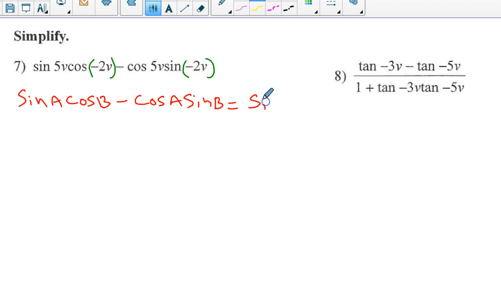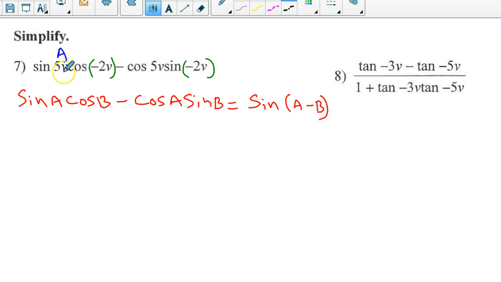We know that it is equal to sine A minus B. That is sine A minus B is equal to this whole thing, sine A cosine B minus cosine A sine B. That's how we learned. So now this A, instead of A, what do you have there? 5v.